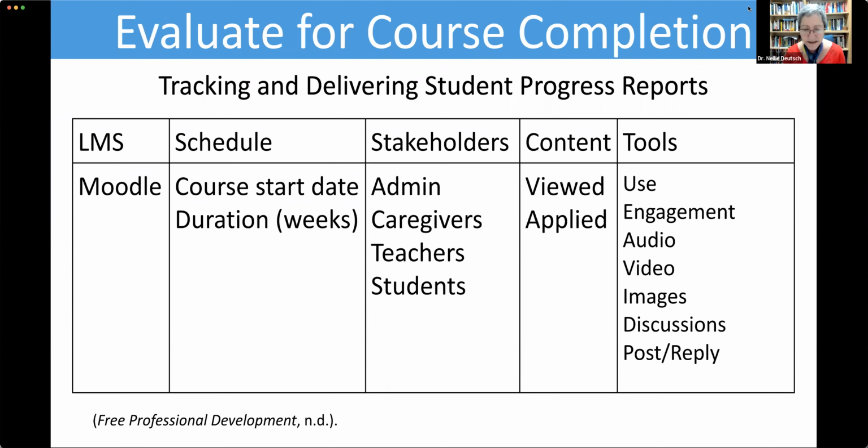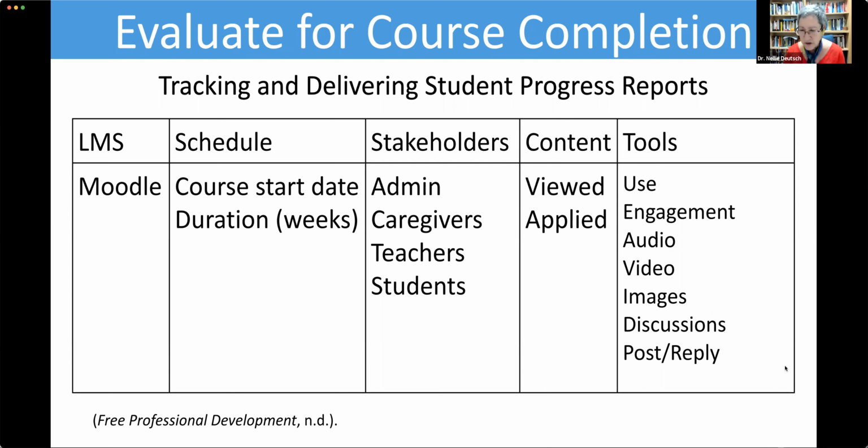It has to be enabled by the admin of the Moodle site. First of all, they get the schedule when the course starts, and the admins, caregivers, teachers, and parents can also get the reports. So the reports can be very transparent for whatever stakeholder is interested in them.